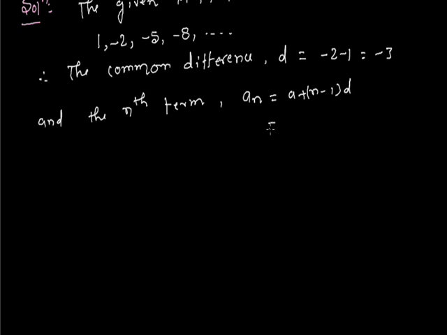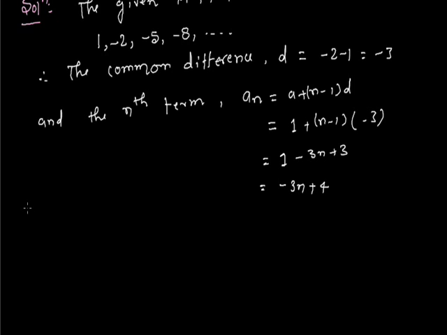Here a is the first term and d is the common difference. So the first term is 1, n is the number of terms, and the value of d is minus 3. We can write it as minus 3n plus 4. This is the nth term of the AP.